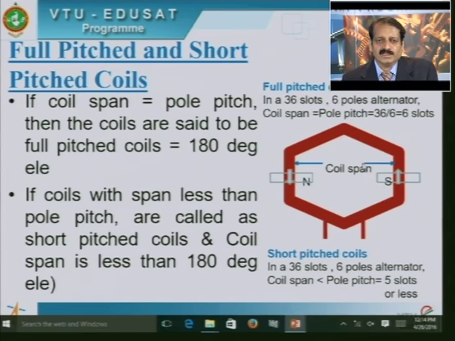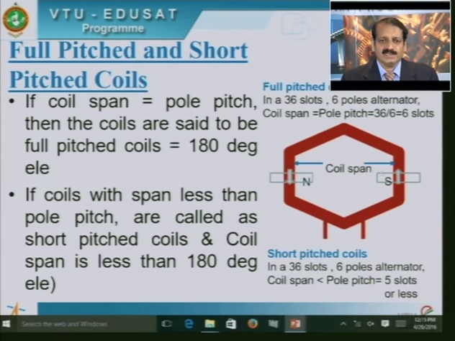Or if the coil span is short by 2 slots, then the coil span becomes 4 slots, and 4 slots means, with slot angle 30 degrees, 120 degrees, and it is short pitched by 60 degrees electrical.